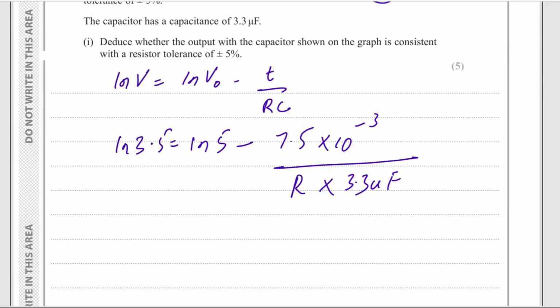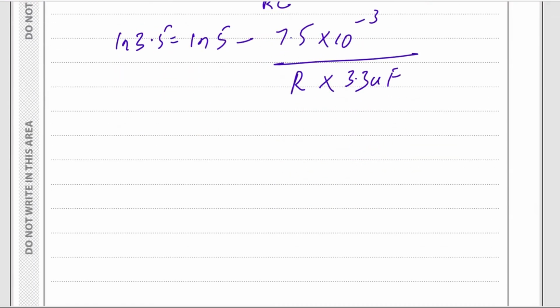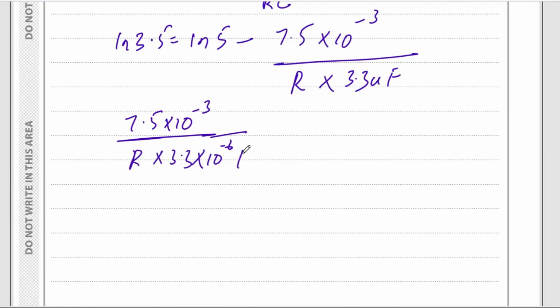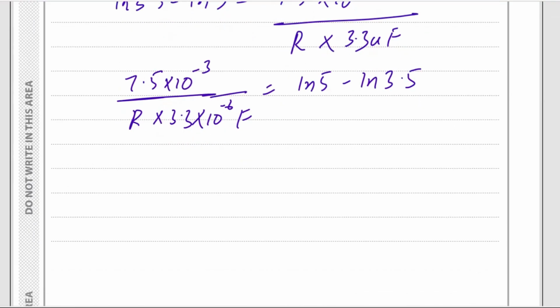I'm going to calculate the resistance and just need to check whether it comes into the range of tolerance or not. So I'll come up with 7.5 times 10 raised to the power of negative 3 divided by R times 3.3 times 10 raised to the power of negative 6 farads is equal to log 5 minus log 3.5. Is that clear?